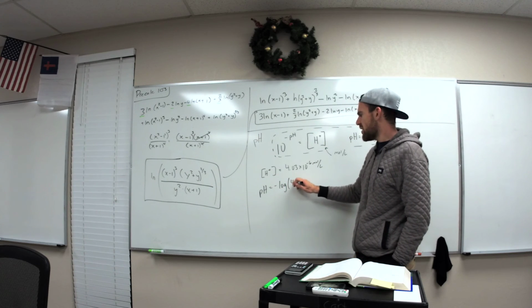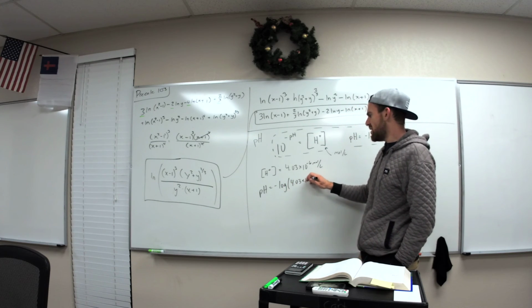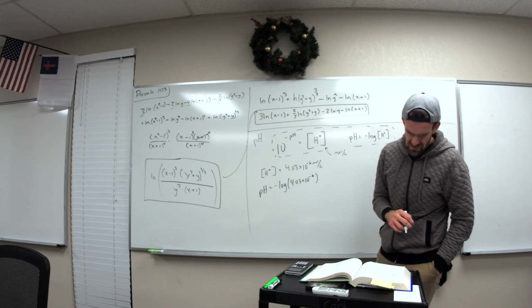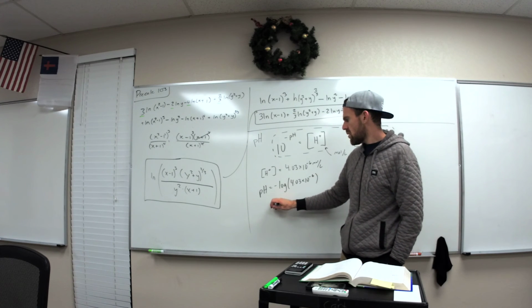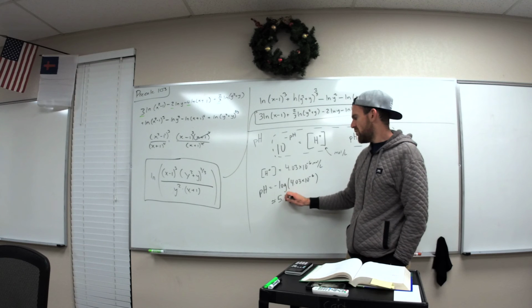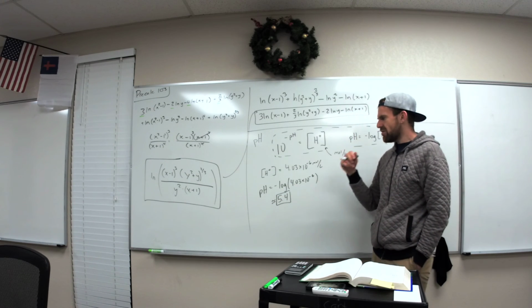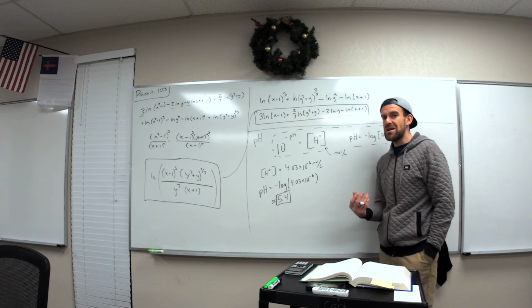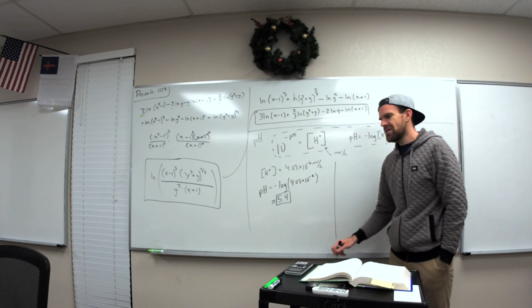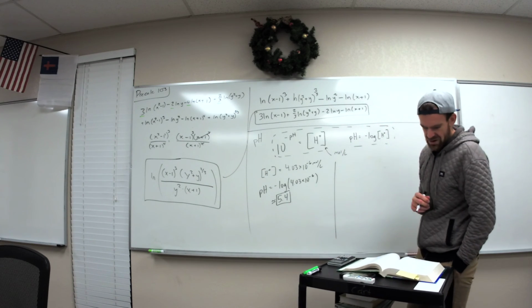So that's negative log of 4.03 times 10 to the negative 6, which is approximately 5.4. That's your answer. Plug into that equation and solve. So make sure you memorize these equations and do it quickly so you will not suffer the confusion.